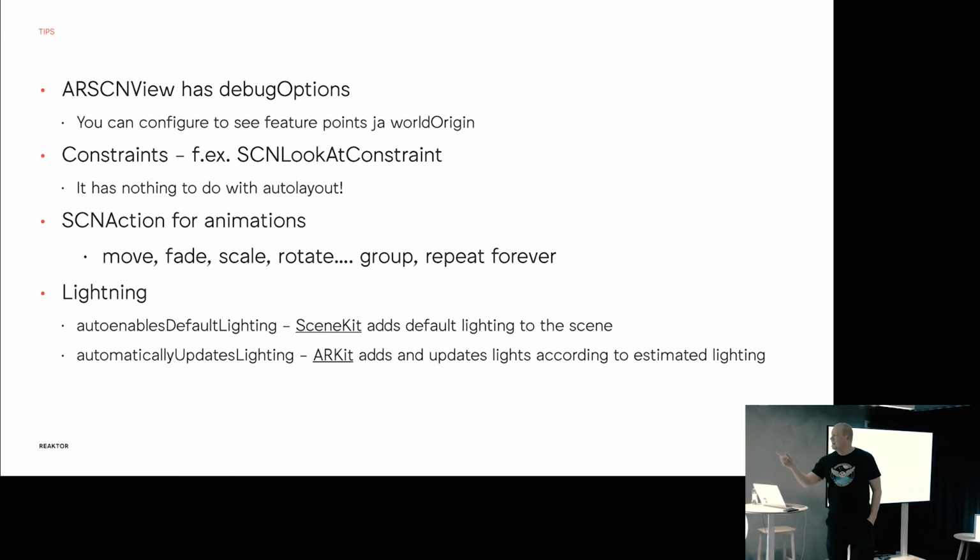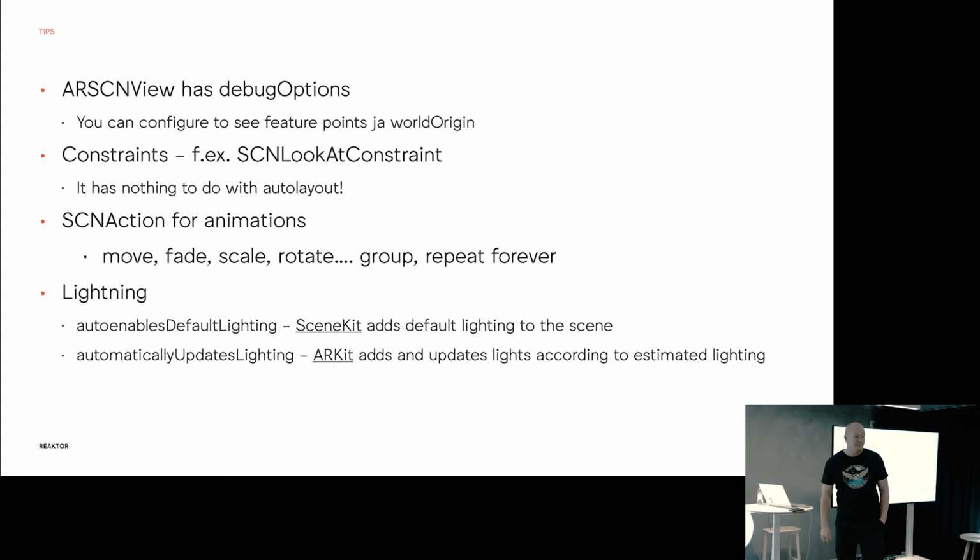And then there are constraints. They have nothing to do with auto layout, which I first thought, but there's an SCN look at constraint. If I want something to follow something, I would use this constraint: you just attach a constraint to some node and it might follow that. That's just one example of those.